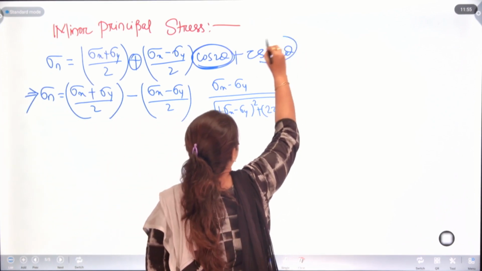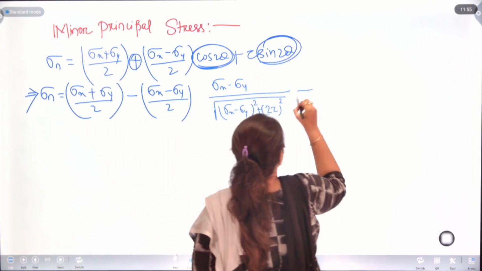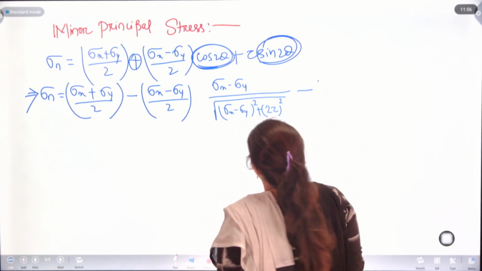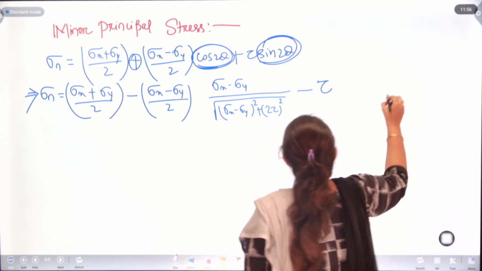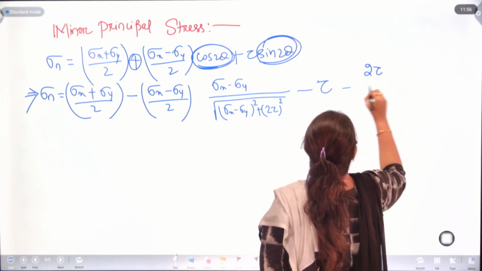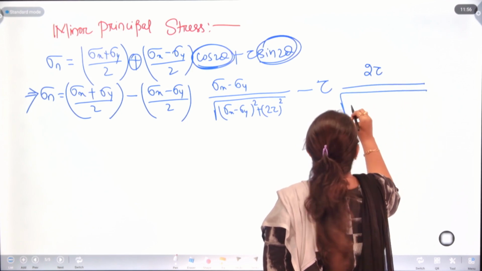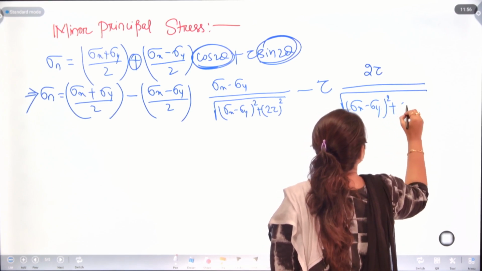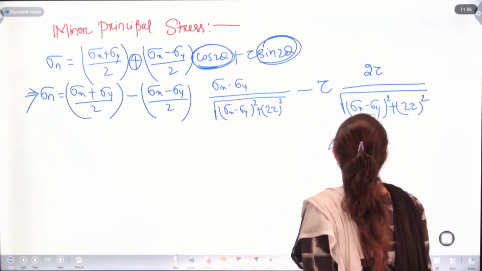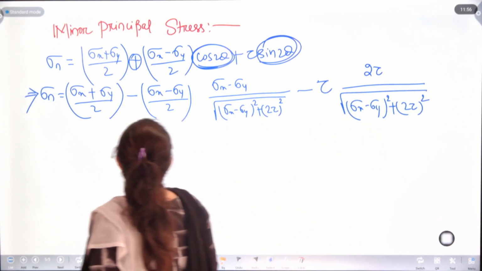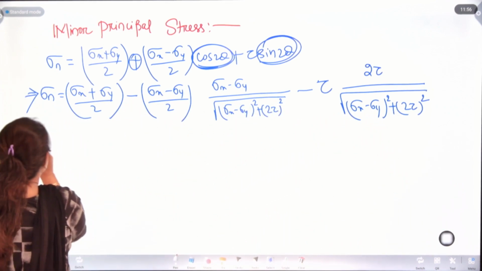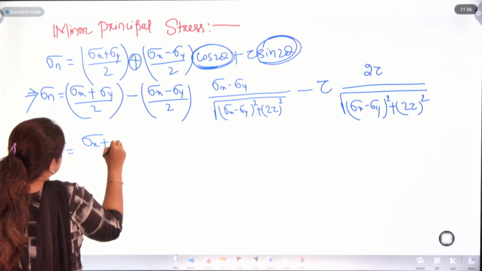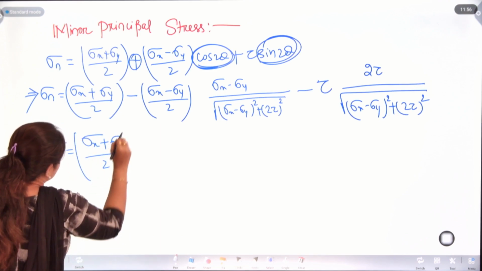Also this sin 2 theta will be changed. So, let's change this sign, minus tau into 2 tau upon root over of sigma x minus sigma y whole square plus 2 tau. Here we have minus on this side. So, this sigma n will be sigma x plus sigma y by 2.